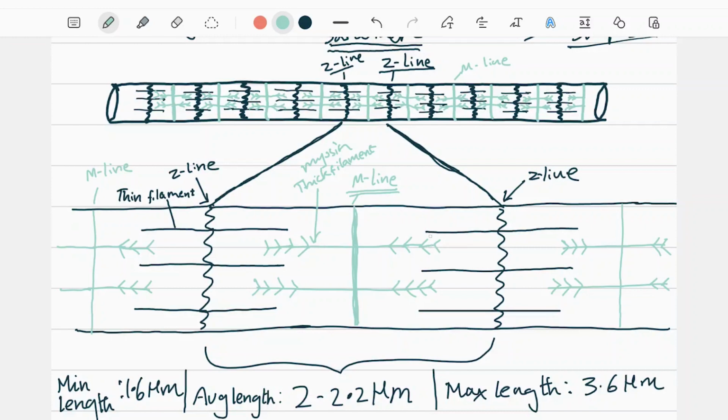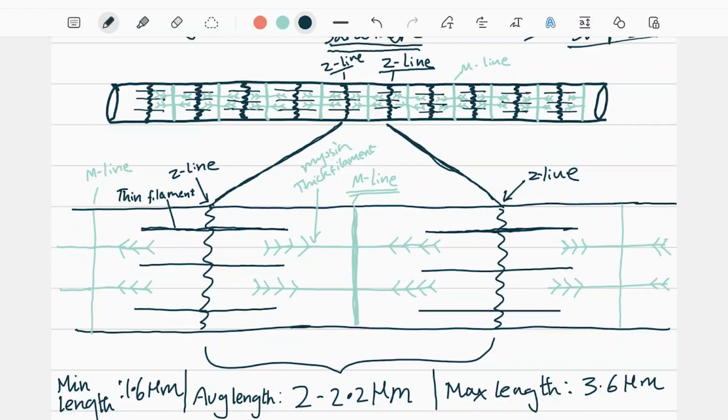And they play a role in binding to the thin filaments, which extend from the Z line. So these black lines I've drawn, these are the thin filaments that extend from here. You can see the thin filament extending from the Z line in both directions, so into one sarcomere and the adjacent sarcomere. Mostly they're made of actin, but there are a few other proteins also involved.